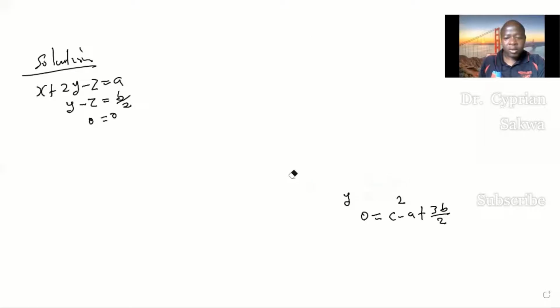Now we solve this system from the bottom going up. We assume that 0 equals 0 is not there because that was the condition we wanted to have. So let me remove it so that we are left with what we can now solve.